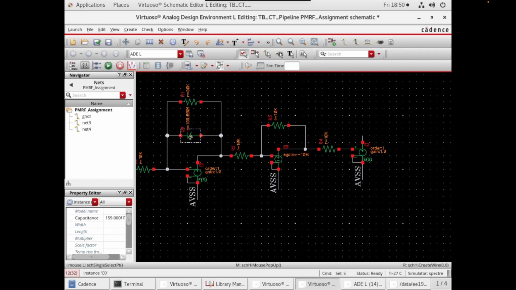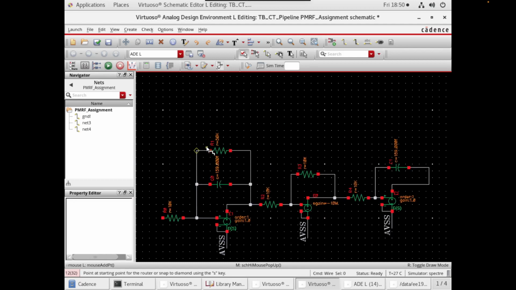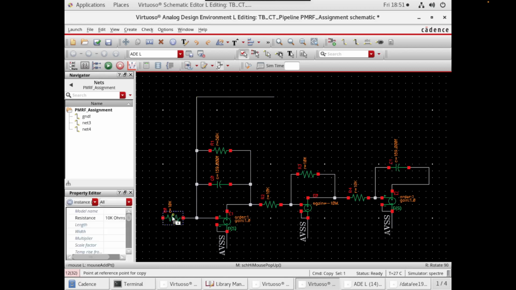And the capacitance is the same as before. And on top of that, we have this feedback of 10 kilo ohms.